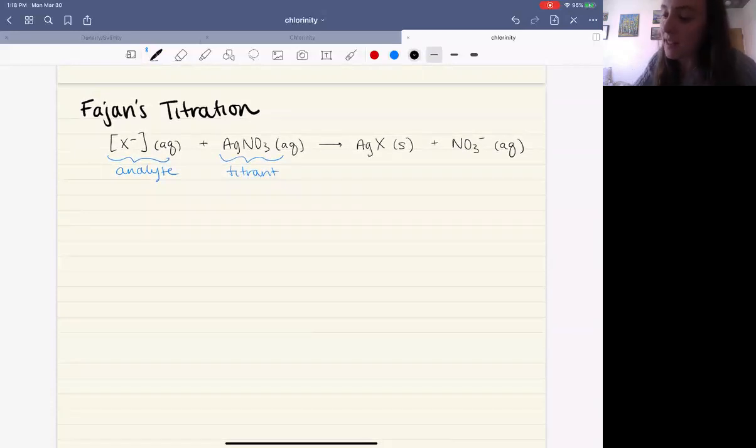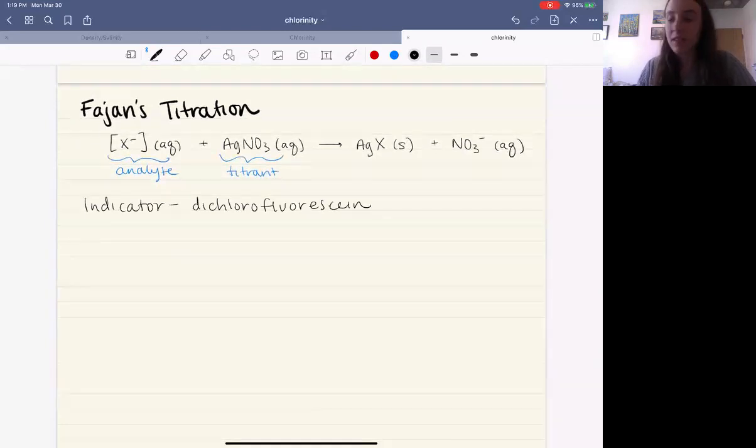We're also adding an indicator called dichlorofluorescein. Okay, this indicator has some negatively charged functional group, so it's polar.